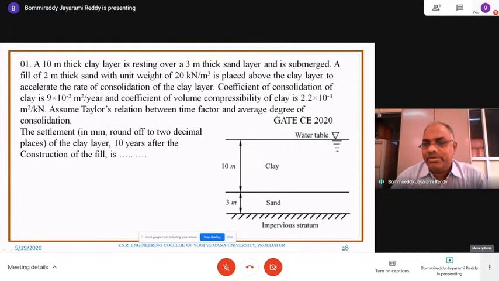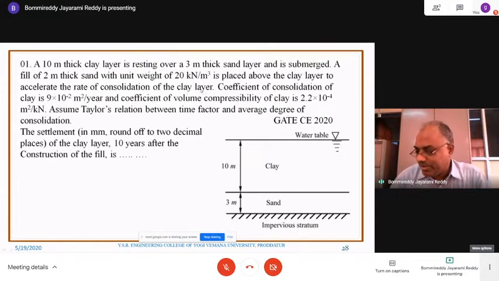So the water table is at the top of the clay. A fill of 2-meter thick sand with a unit weight of 20 kilonewton per meter cube is placed above the clay layer to accelerate the rate of consolidation of the clay layer.